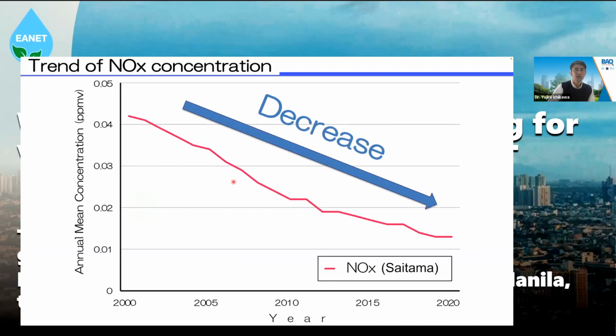And as you can see, it is clearly showing a significant decrease. The reason for this trend is probably the regulations for automobiles and the increase of eco-friendly cars like electric vehicles, and conversion to good quality fuels is also likely to have a significant impact.